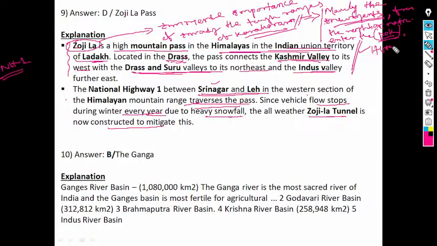After construction of this tunnel, it is highly advantageous to Indian security.